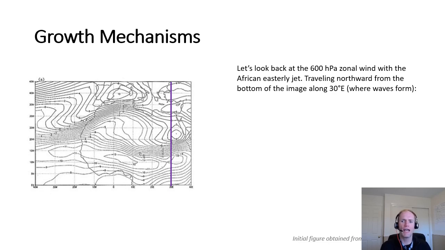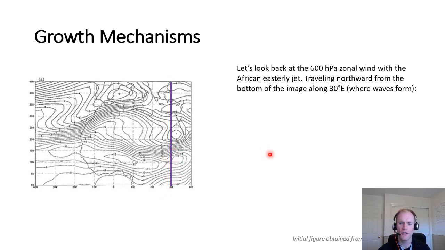So let's take a look back at that African easterly jet structure, and in particular the 600 hectopascal zonal wind with the African easterly jet. So we had before a green arrow that came in through this maximum of easterly flow between 10 and 15 degrees north latitude. Now we want to consider the area where the African easterly waves typically form here in eastern Africa.